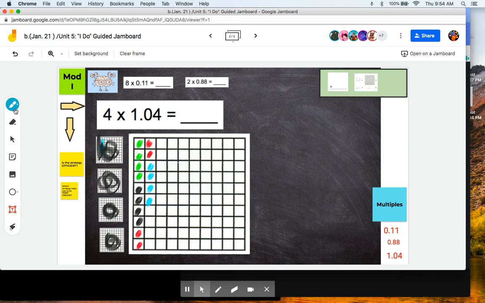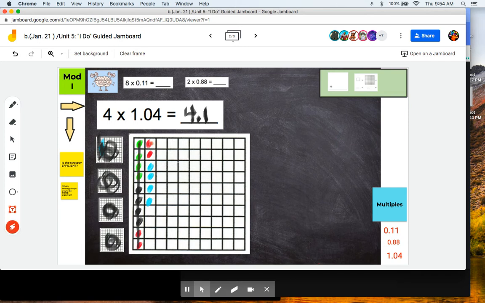So what's my sum? My product. 1, 2, 3, 4 wholes, or 4 ones. And do I have a tenth? Yes. I have 1 tenth. Do I have any hundredths left over?